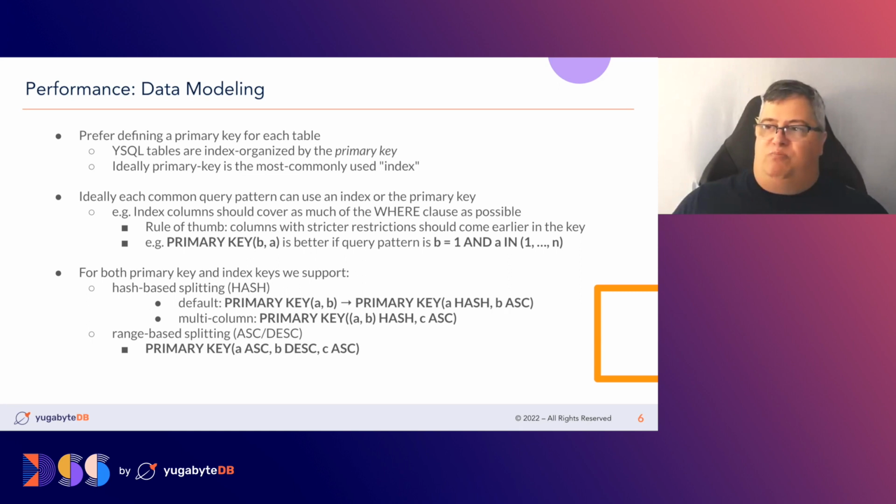This has mixed results sometimes, particularly since I found certain instances where the indexes have things like Booleans and other very low cardinality values at the front of the index, and so this limits the number of tablets that the index can be spread across. So we'll also discuss what you can do with range splitting as well.